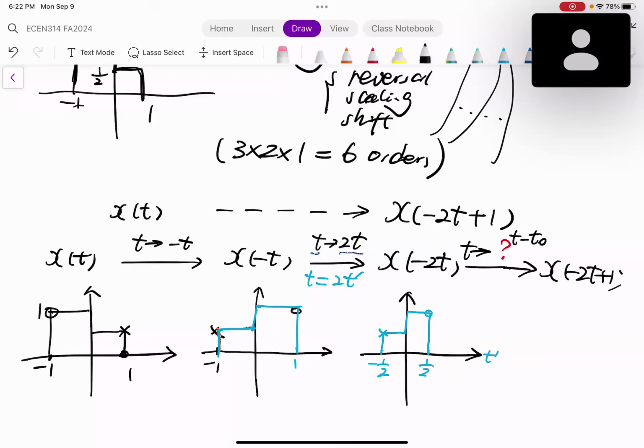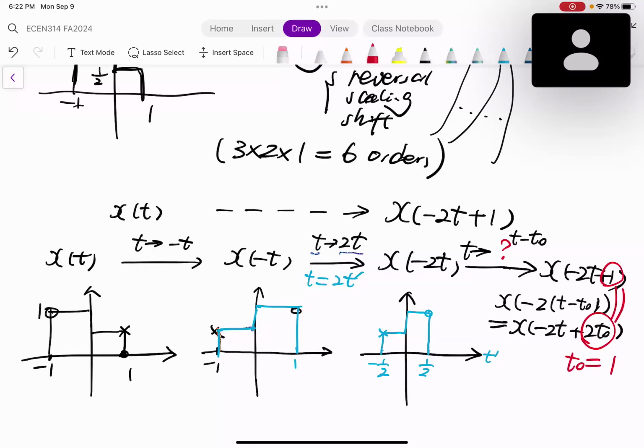Then I know that x of -2, now I substitute t by t minus t naught, and I expand it, should be equal to x of -2t plus 2 times t naught. And I know that in the end, I desire 1. So t naught equals 1 divided by 2, 1/2. Is that right?